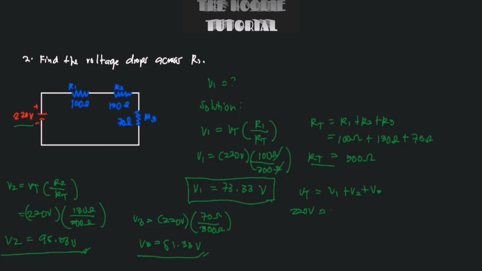Our V1 is 73.33 volts, plus our V2 is 95.33 volts, and then plus our V3 is 51.33 volts. So let's just calculate if these are correct. Therefore, that is 219.99 volts, which is approximately equal to 220. Therefore, we can conclude that our V1 right here is correct.